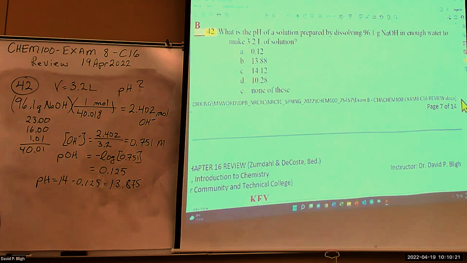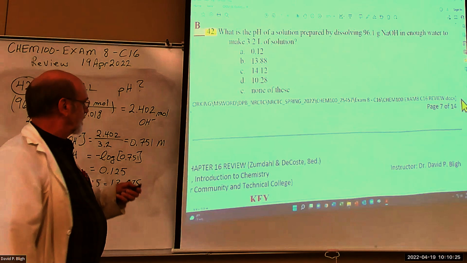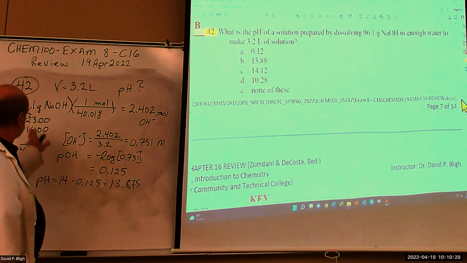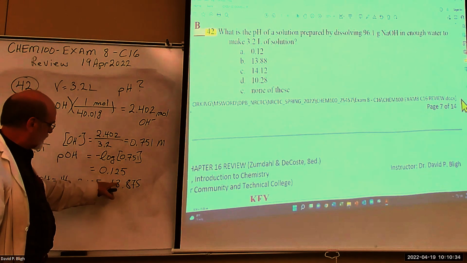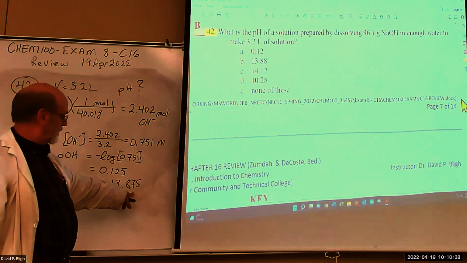All right, round it off. Here we have another possible argument. We had 3 significant figures that we carried through the calculations, so we should have 3 decimal places in our pH.